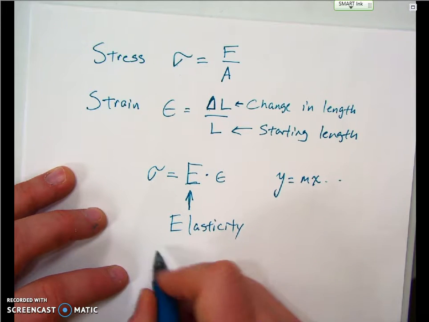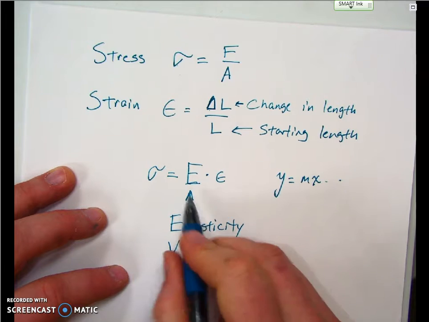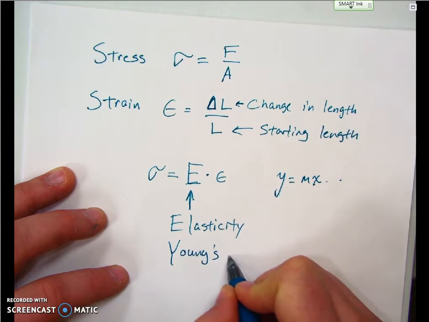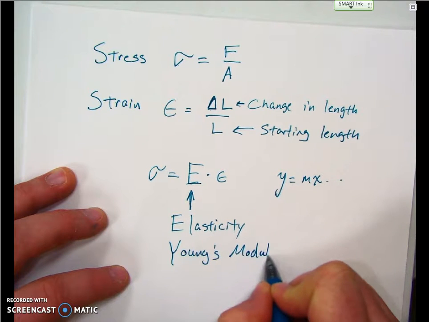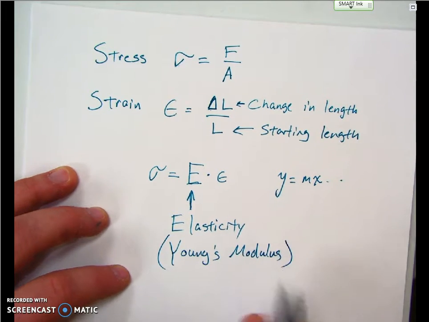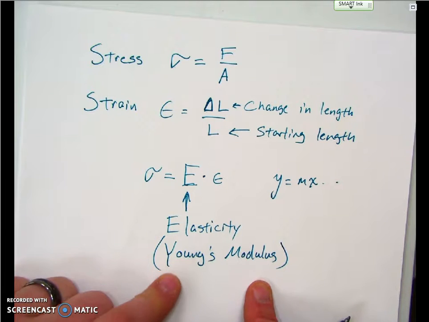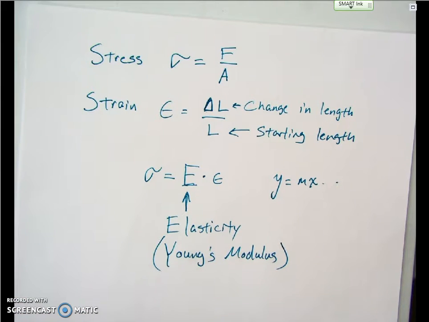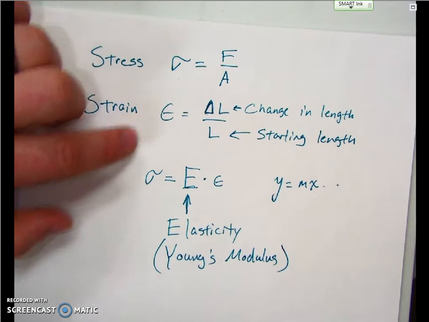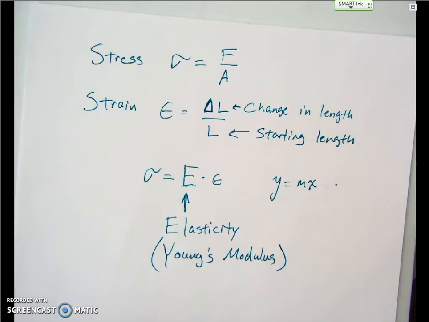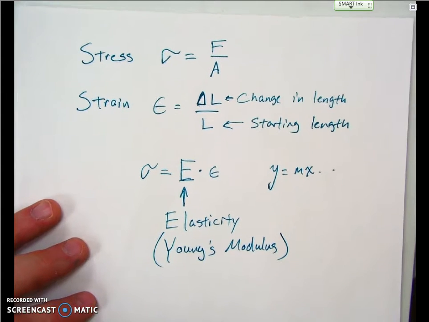Sometimes the fancy name given for this number is Young's modulus. Every material has an elasticity, a Young's modulus that corresponds to how stretchy that material is. Again, some very simple equations that let us solve a lot of problems dealing with the strength of materials.